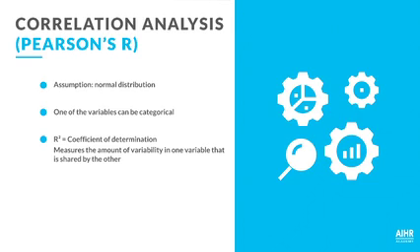And if you have a correlation of, for example, 0.3, which is considered weak, 0.3 squared, which is 9%, 0.09, is your coefficient of determination.